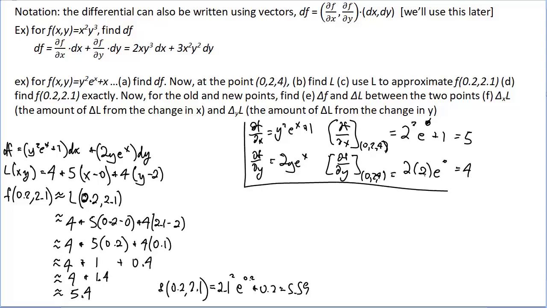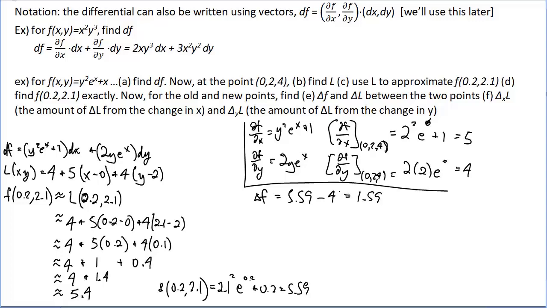Okay, so now let's compare the old point with the exact point versus the approximation. So let's find delta F and delta L. Delta F is the final F value, which is 5.59, minus the original f value, which from the given information was 4.